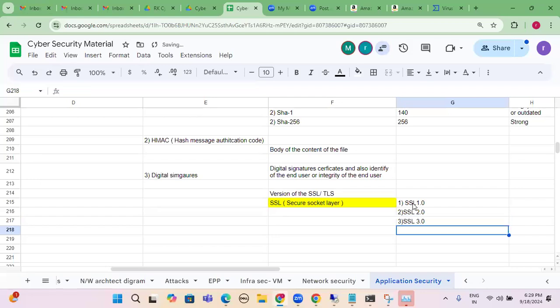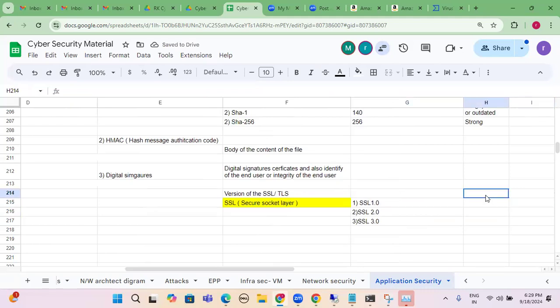All 3 are legacy, old, and outdated. Initially it was given the name SSL or TLS, so the same thing is continuing. Basically we have to use TLS security instead of SSL, because SSL is legacy, old, or outdated.